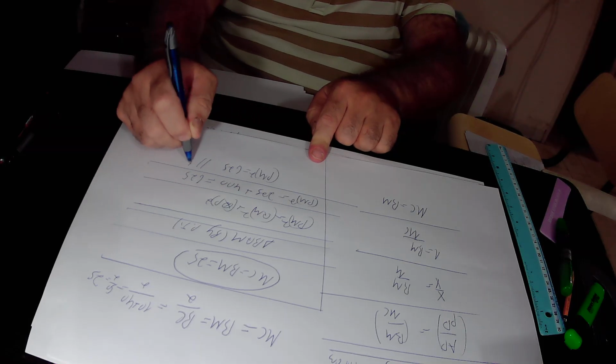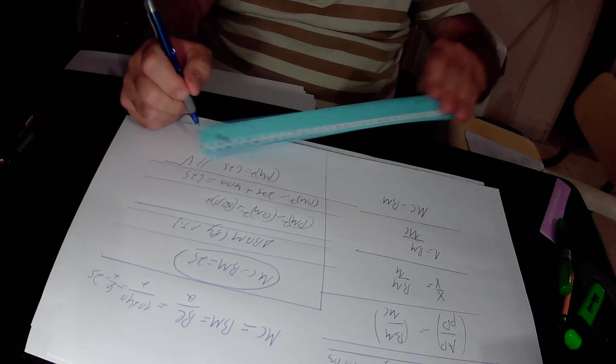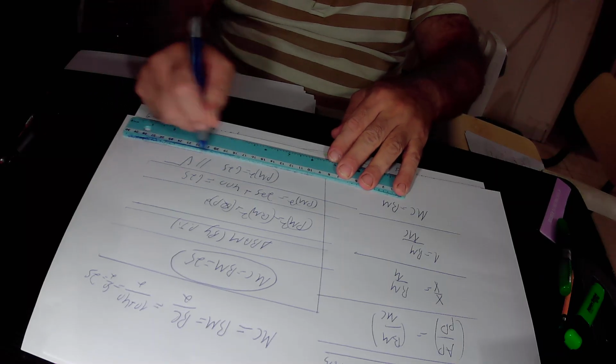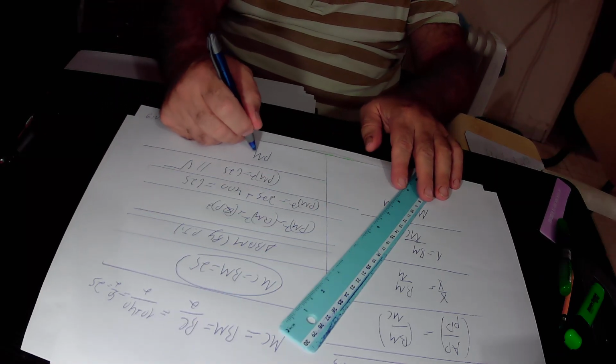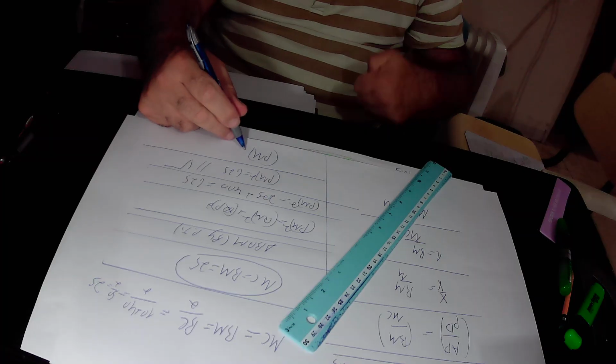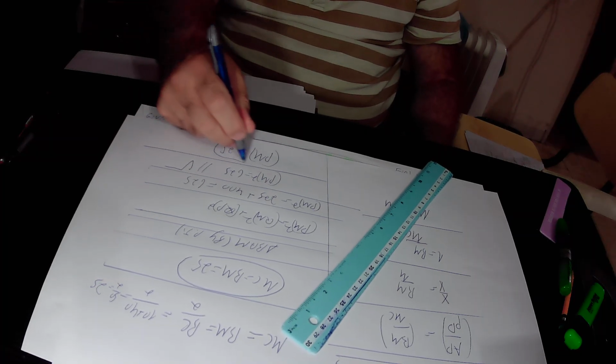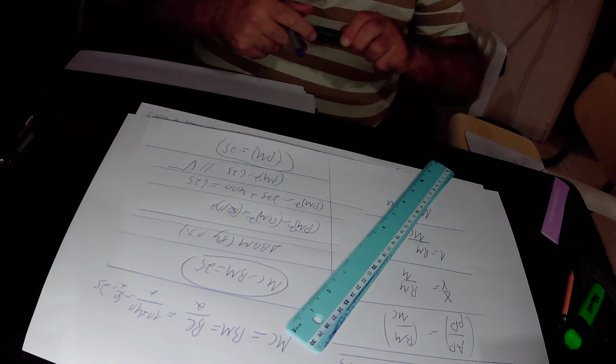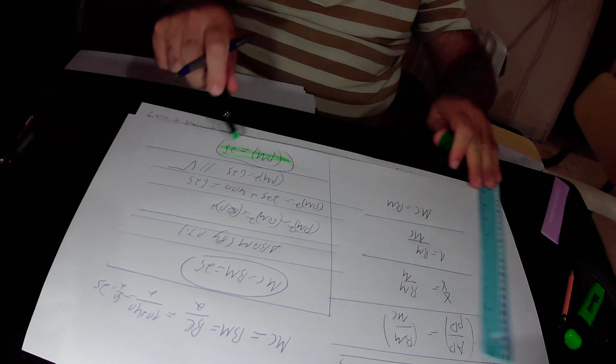Here we will take a root out of this equation, and finally we get that the missing hypotenuse PM is equal to the square root of 625, that is 25.